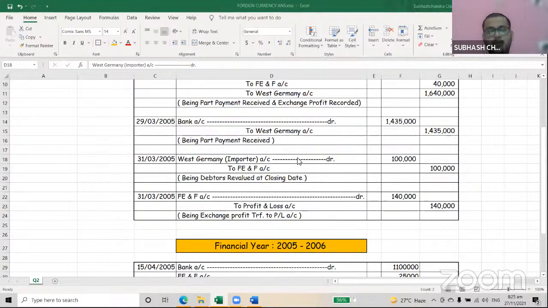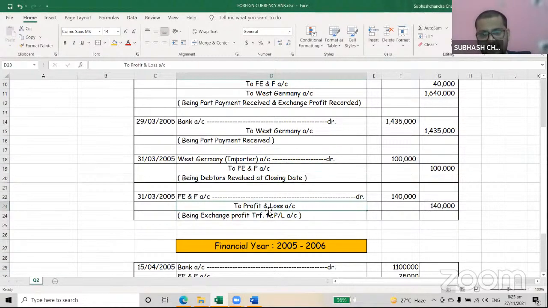At the time of transaction, the rate was 41. At the closing date, the rate was 45. The difference is 4 rupees, and remaining installments are of $25,000. So we will increase the debtor by 4 rupees multiplied by $25,000, which amounts to 1 lakh. This is the first entry.